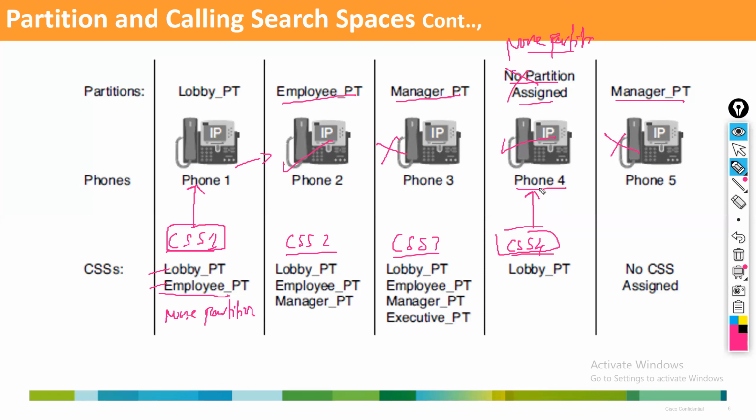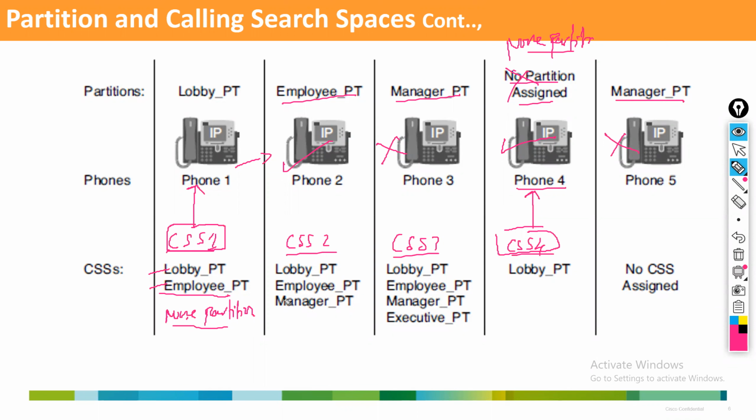You are dialing to phone 4, which is in the non-partition, and my CSS contains the non-partition. Default means default partition, default CSS, that is none. Every CSS contains the non-partition by default, so I can dial to phone 4.